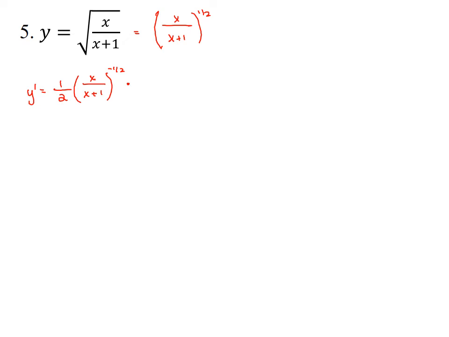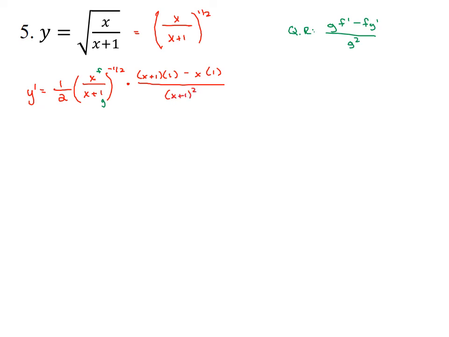So remember, your inside, this would be your f, this would be your g, and that's quotient rule because they're being divided. So it's gf prime minus fg prime over g squared. So that would end up being x plus 1 times 1, that's the derivative of f, minus x times another 1, because that's also the derivative of g, over x plus 1 squared.